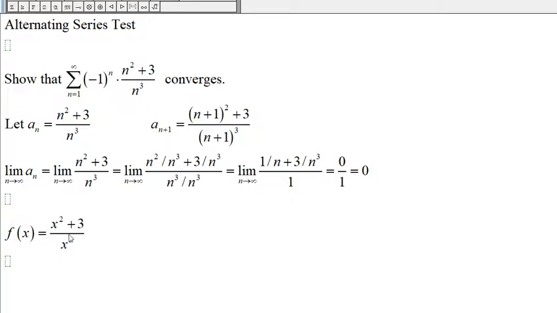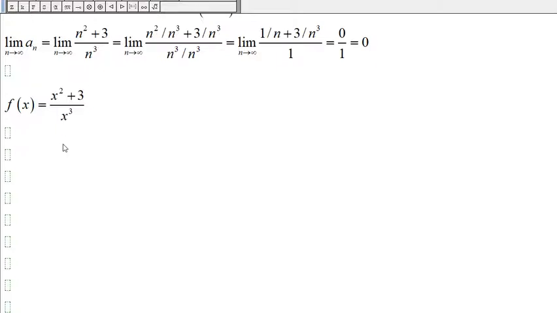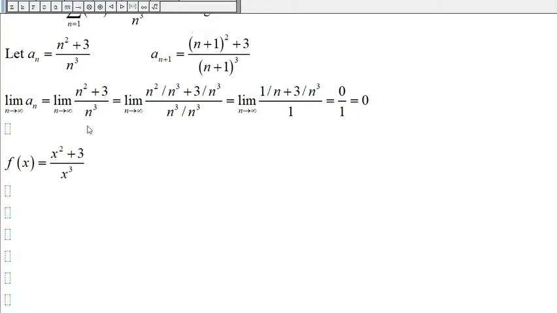And so we just need to show that this function right here is decreasing, and then we can say that this sequence is decreasing. And one way to show that a function is decreasing is by showing that the derivative is negative. And recall that here we're dealing with n greater than or equal to 1. And so here we're also dealing with x greater than or equal to 1.